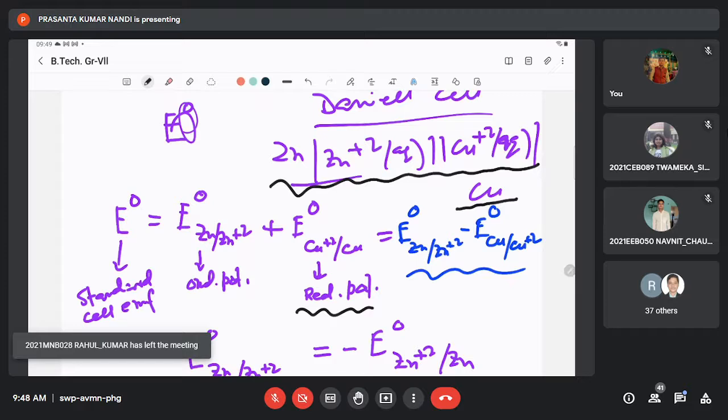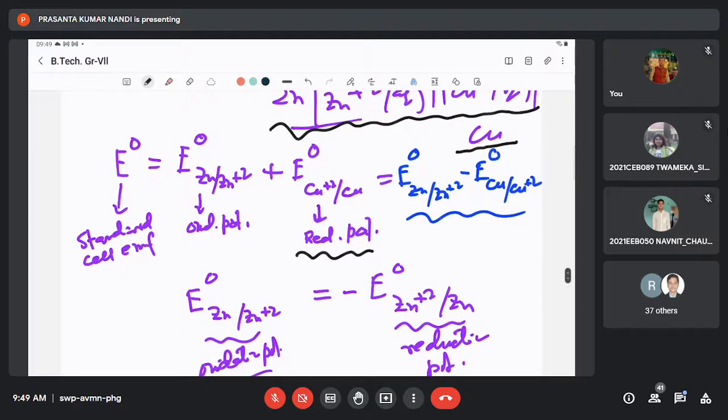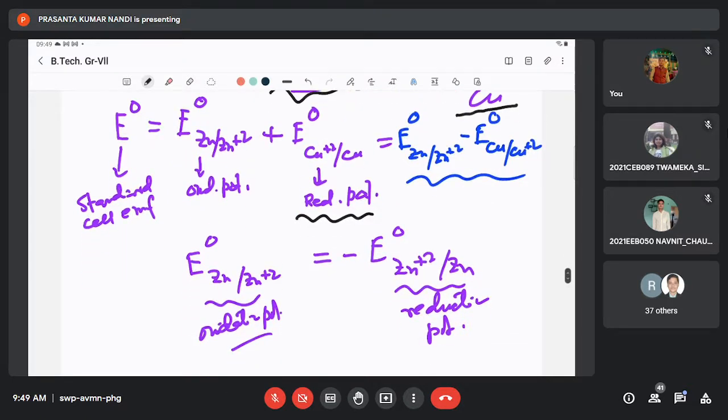So this is the convention so that you can easily identify. Suppose you are asked to calculate the standard cell EMF from the given half cell reactions, and half cell EMFs are given. If both are given as oxidation potentials or both as reduction potentials, then accordingly you have to take care of the sign change. Otherwise, you get an erroneous result. So that's why I have written here, this is the standard practice.